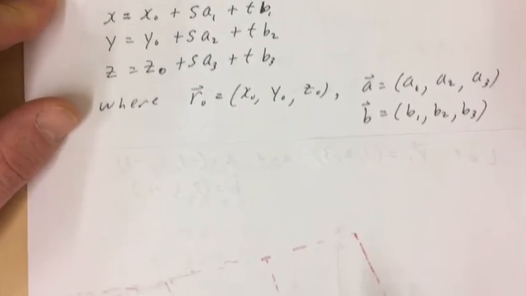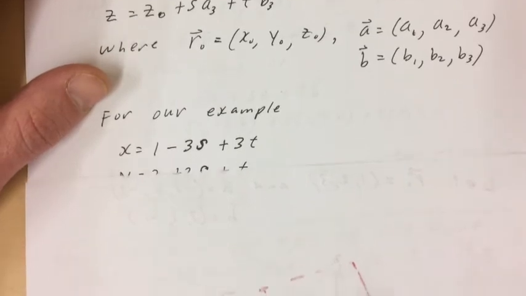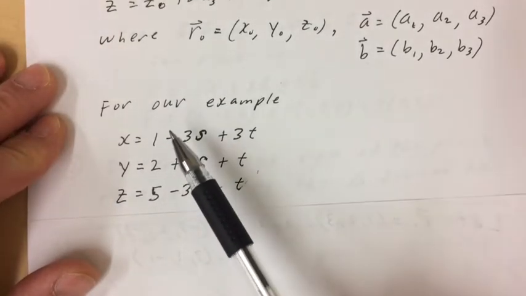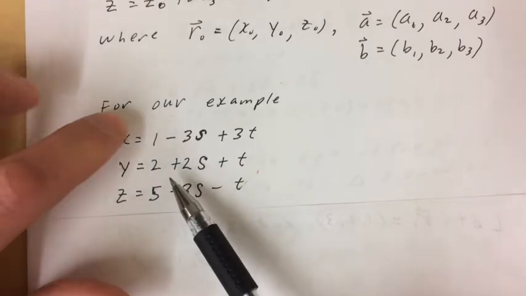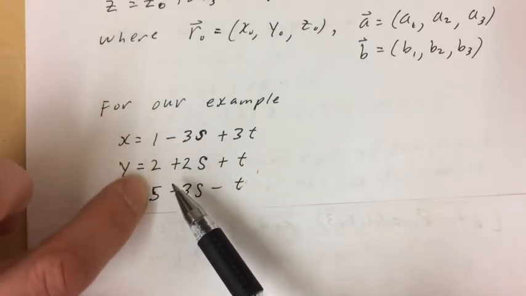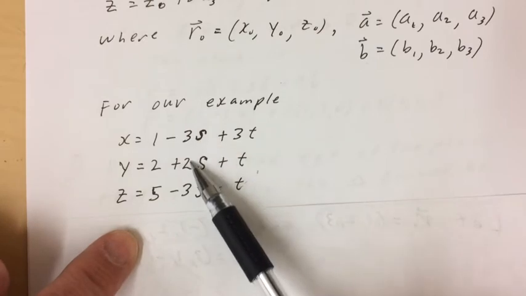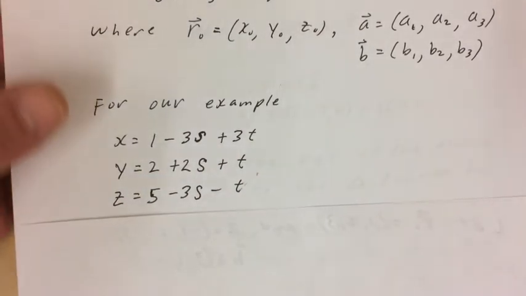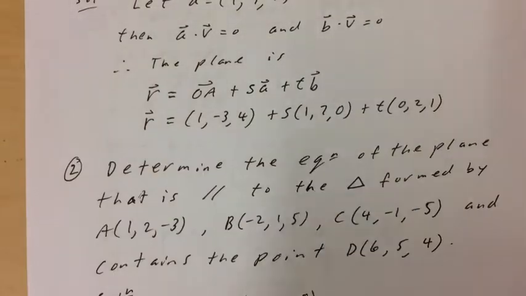Okay, so that's going to be the components of those. For our example, here's the parametric equations. These represent x naught, y naught, z naught, the a coordinates, and the b coordinates. Okay, and so we have an example here.